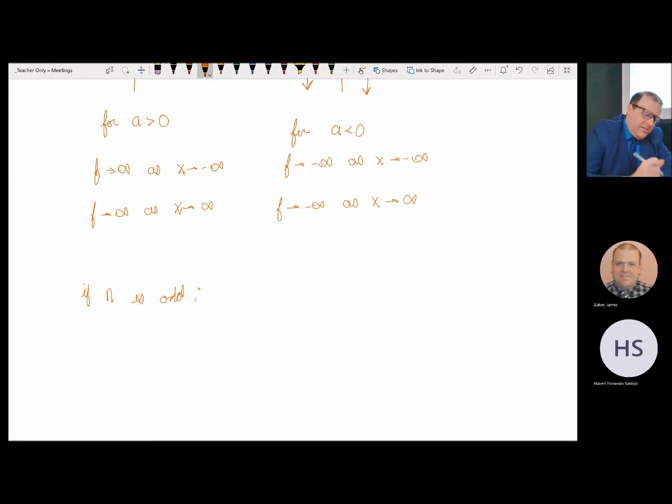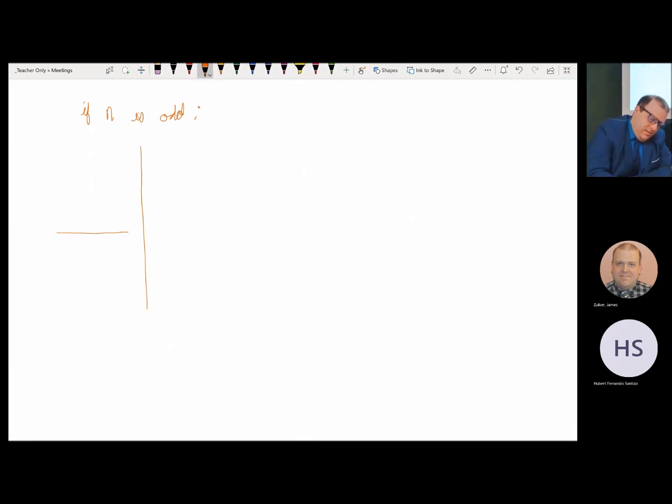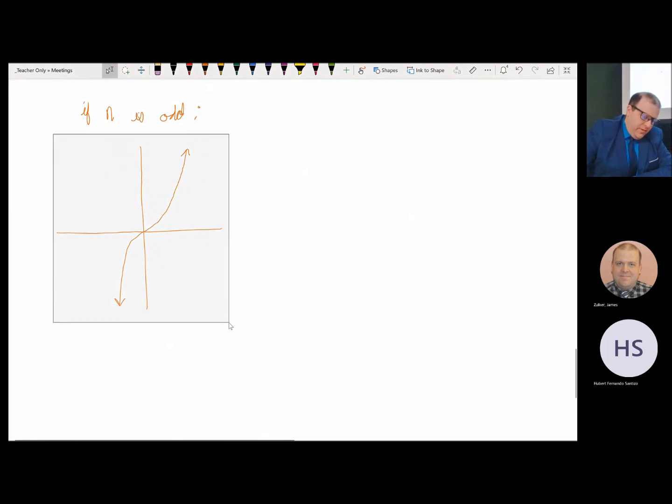If n is odd, the shape is something like this.